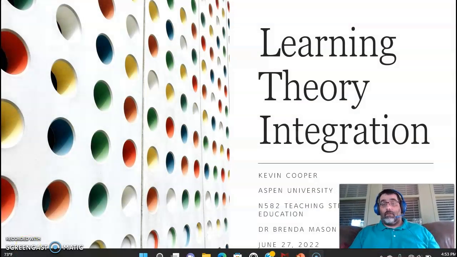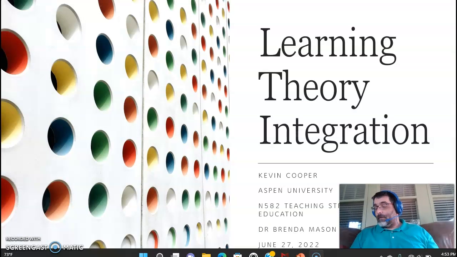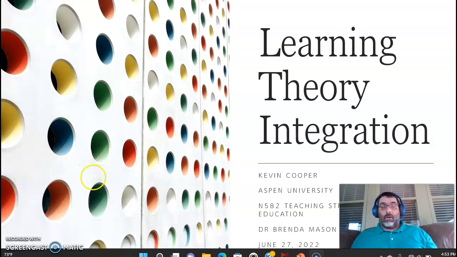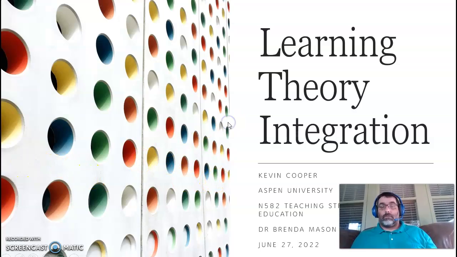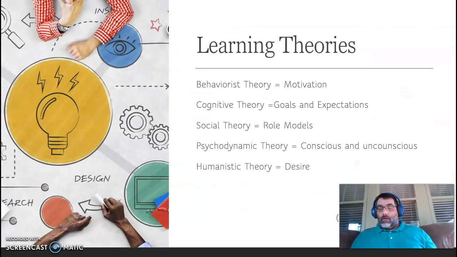So it's on learning theory integration. There are different learning theories that patients and students may use when they are learning something new. According to Stilby 2019, there are 5 main learning strategies.